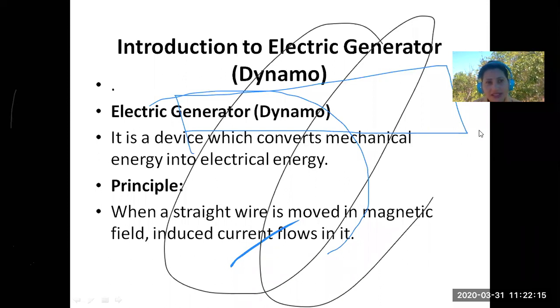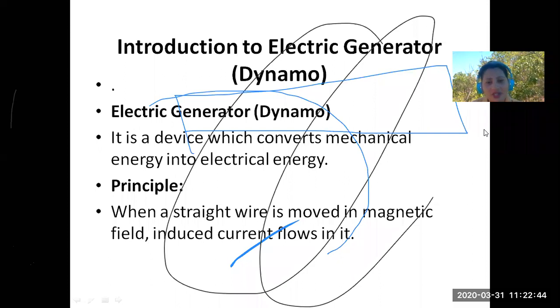So what is the other way you have used, in your daily life? Who has a generator at home? What kind of generator is that? All of them are generators.